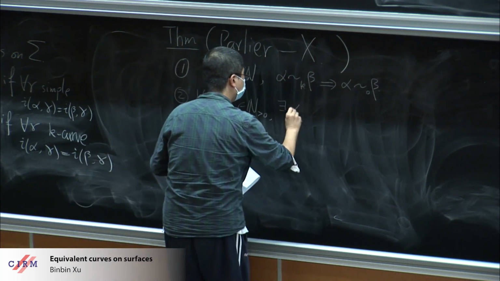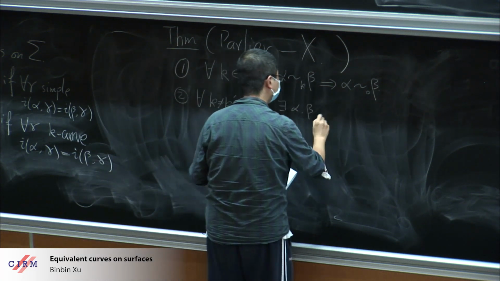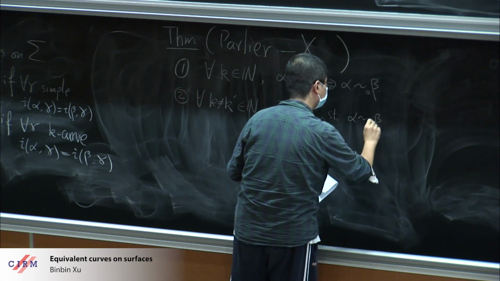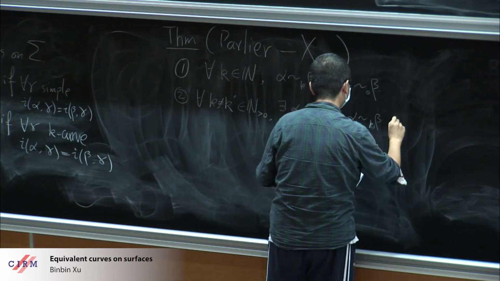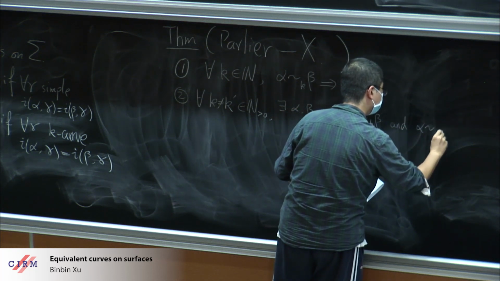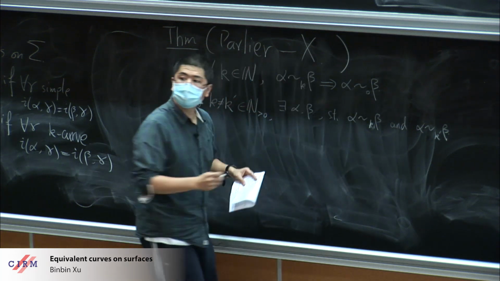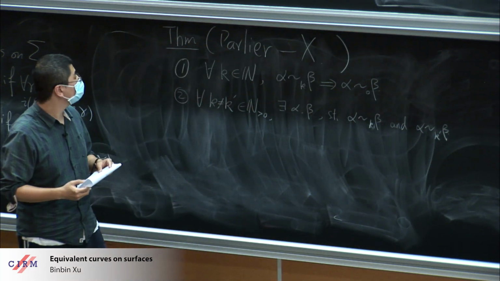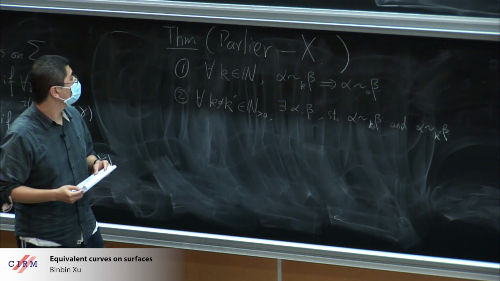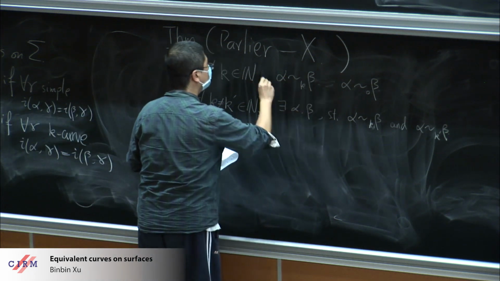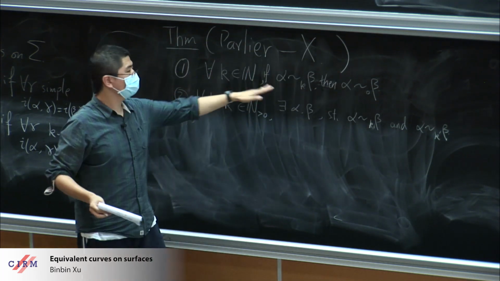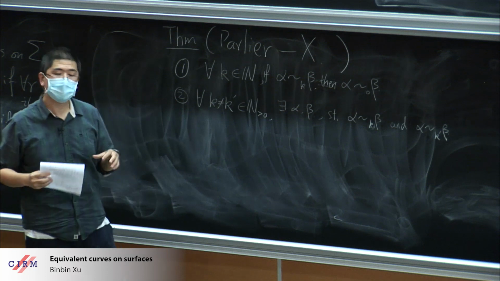there exist alpha and beta such that alpha is k-equivalent to beta, but not k prime equivalent. And so you mean in the first one that if there is a k for which they are k-equivalent, then they are zero equivalent? Yeah, so for any k, if this happens, then that happens.